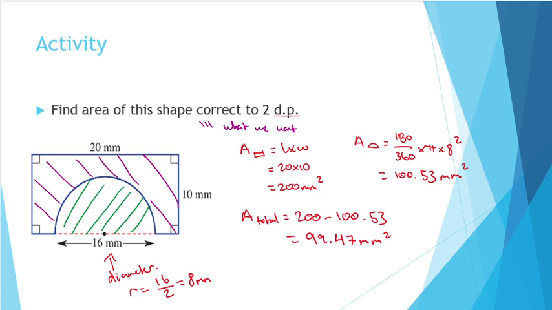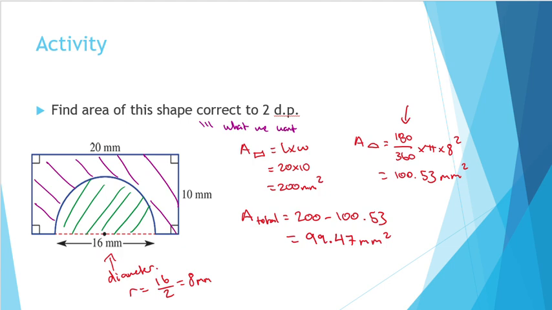Now, that circle in the green is a half circle, okay? So the angle that we are going to get from a half circle is 180 degrees. That's why my angle here is 180. Now, the length 16 millimeters here, that's technically the diameter of the circle.